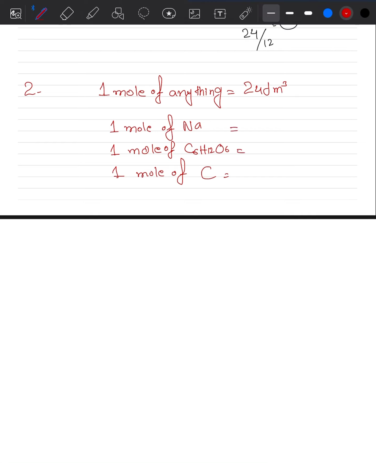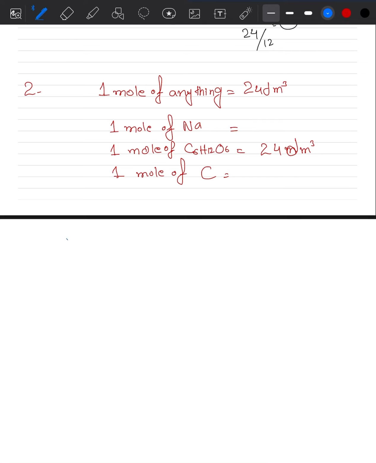Whatever we have, they will all have the same volume, 24 decimeter cube. So anything which has a volume of 24 decimeter cube, we will say that it is 1 mole.